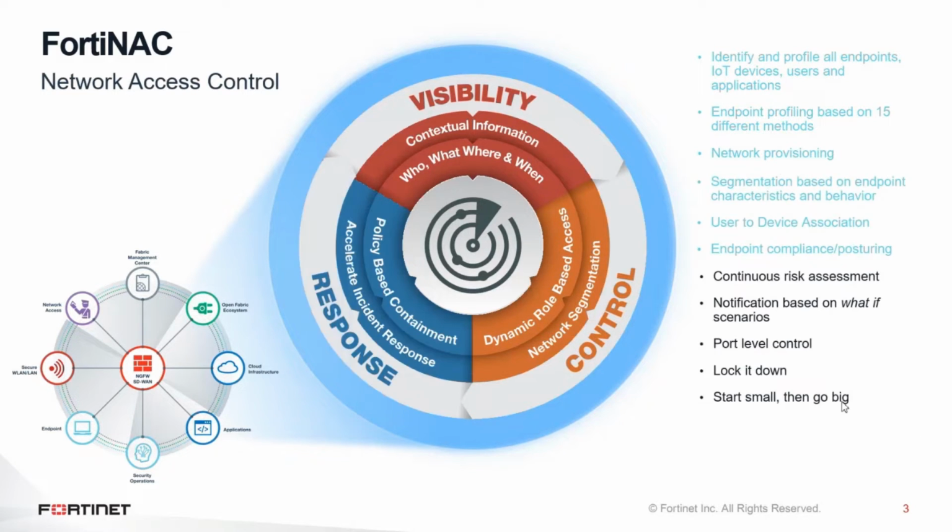Then the third and final capability of FortiNAC is the automated response. So FortiNAC continuously watches the network, and it has extensive automation capabilities, so that when a triggering event is observed, FortiNAC can take an action in seconds.